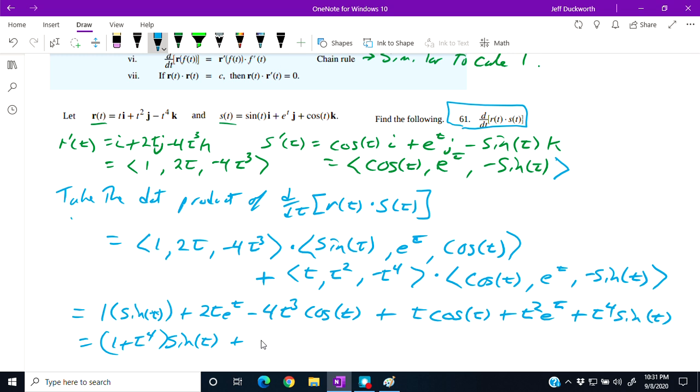I don't know that matters. We can take out an e to the t and multiply it by 2t plus t squared. And finally, we can have a cosine out, which will give us t minus 4t cubed cosine t. It's sort of cleaned up, so I'm going to just leave it at that.